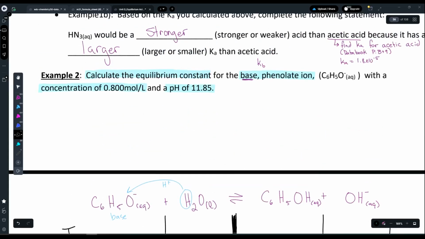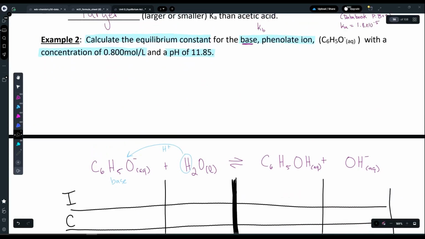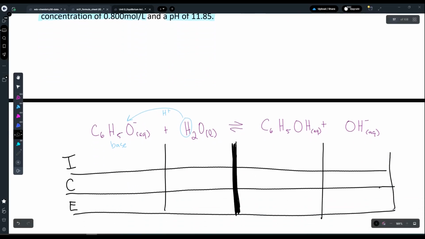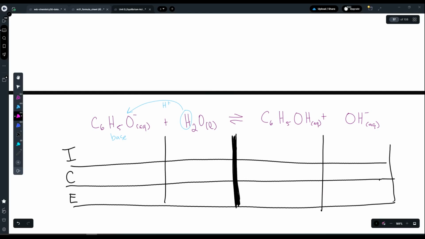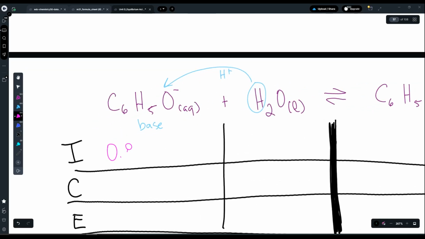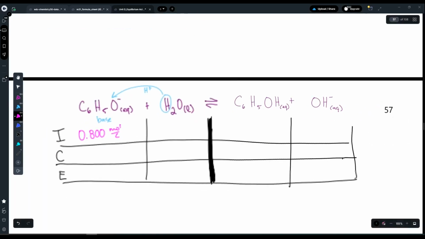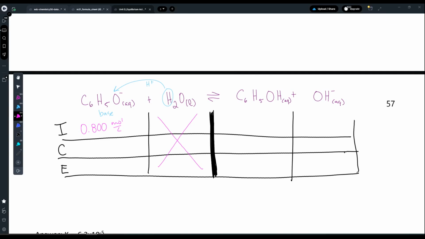Okay, so it did tell us that initially we started out with a concentration of the phenolate ion of 0.8. So I'm going to write that in. Since water is our only liquid, we're not going to include it in our equilibrium law expression. And since the concentrations of our products were not talked about, we're going to put them both at 0 moles per liter.